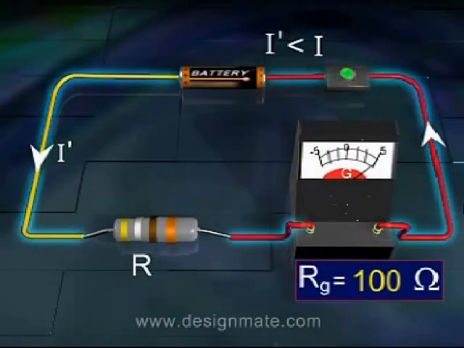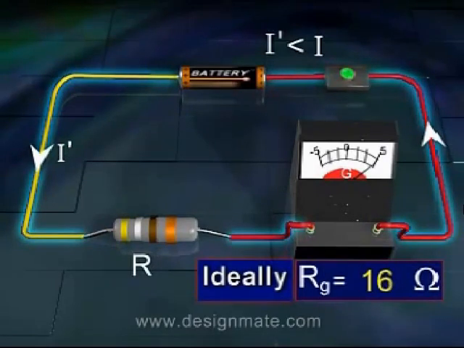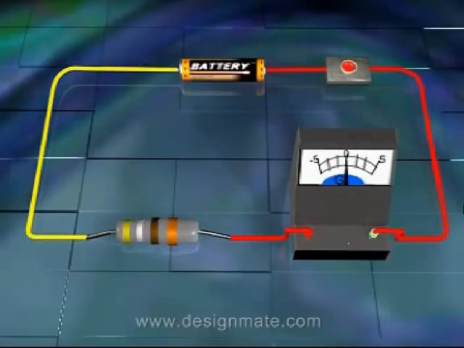This shows that the device used to measure the current in a circuit should have as low a resistance of its own as possible. Ideally, it should be 0. Two, the other problem associated with using such moving coil galvanometers for measuring normal currents is due to its high sensitivity.